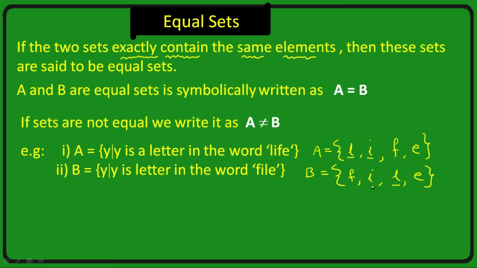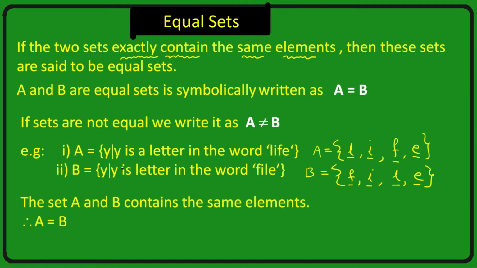I is here, F is also in the second set, E is also in both the sets. So all the elements of the set A are in the set B. Such types of sets are called equal sets. Here A and B are equal sets, so we can write that the sets A and B contain the same elements, hence A is equal to B.